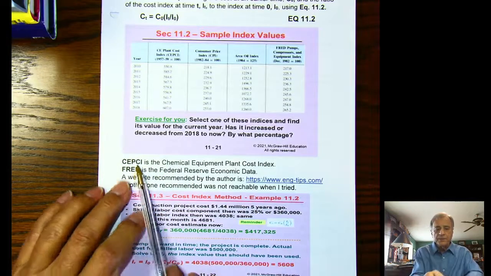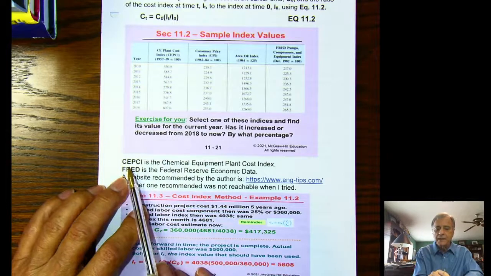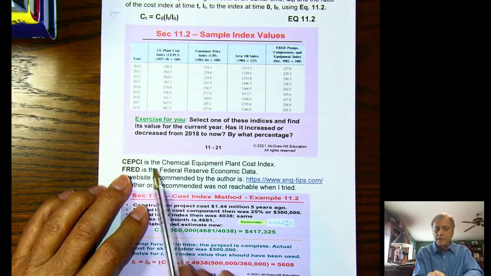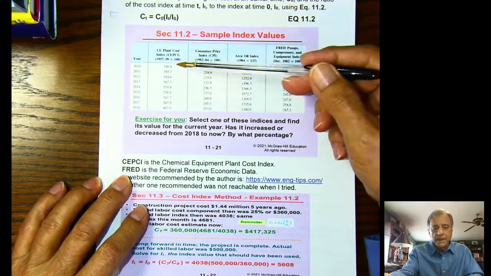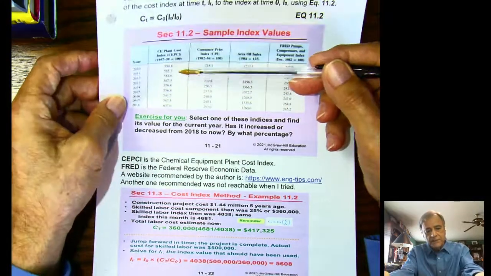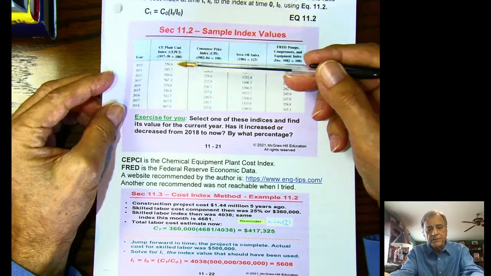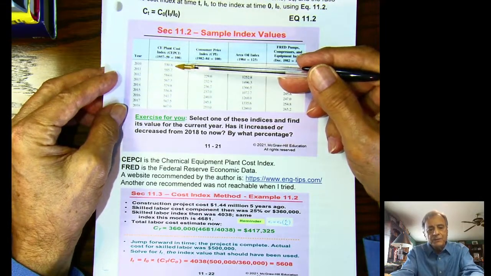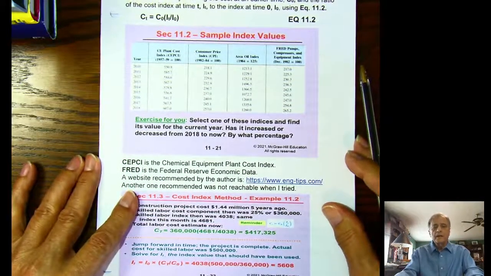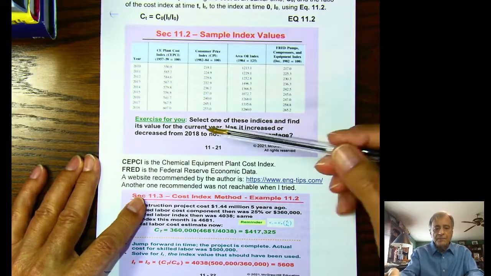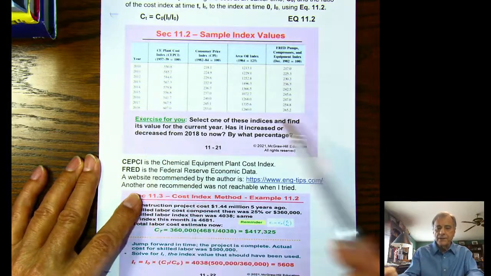For example, this particular column from 2010 to 2018, he has the CEPCI, which is the Chemical Equipment Plant Cost Index. And the numbers range from 550.8 up to 607.0 for that particular index over that particular number of years.